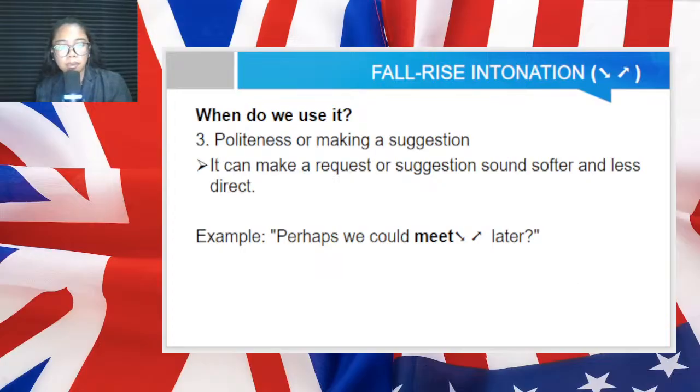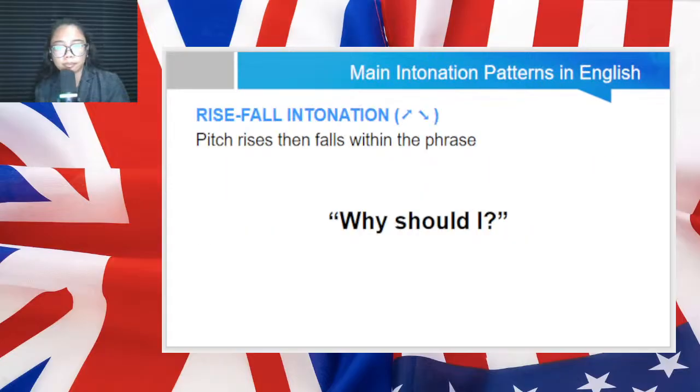Now let's flip it around and look at its counterpart, which is rise fall intonation.